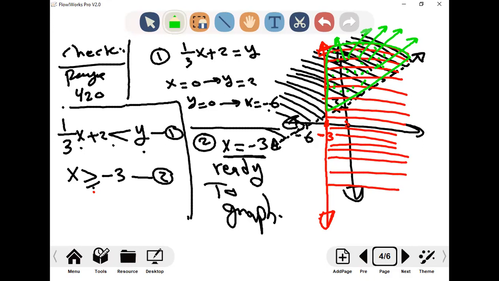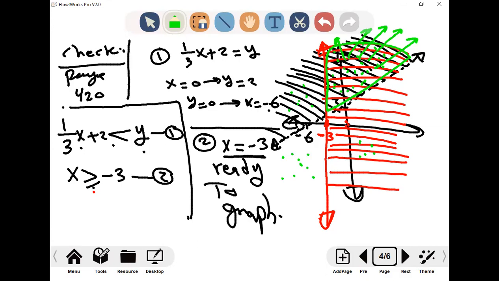Any point here is a solution for the second inequality only. Any point here is a solution for the first inequality only. So from looking at the graph, you can know what each region is a solution for. But any point here is a solution for none.